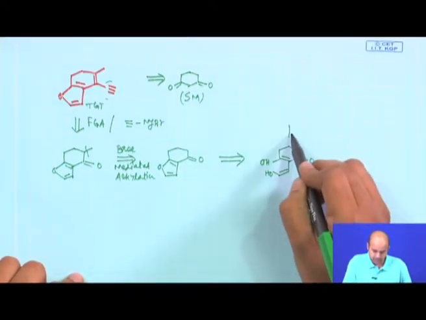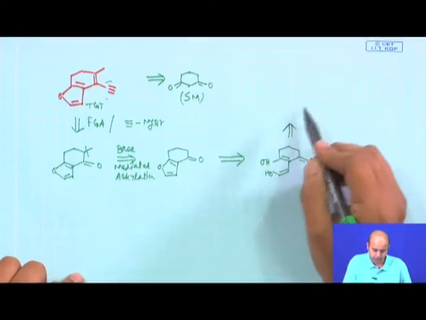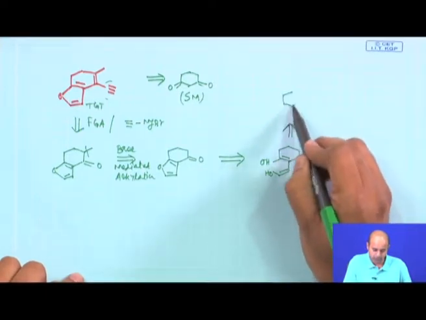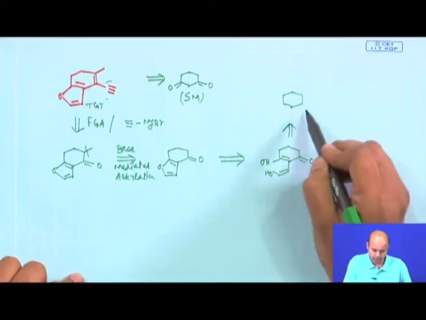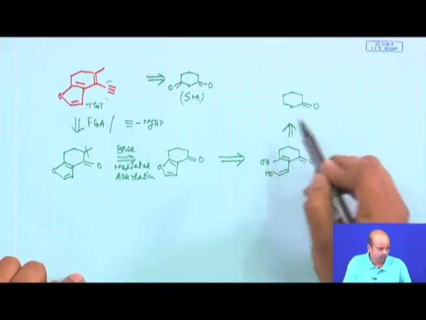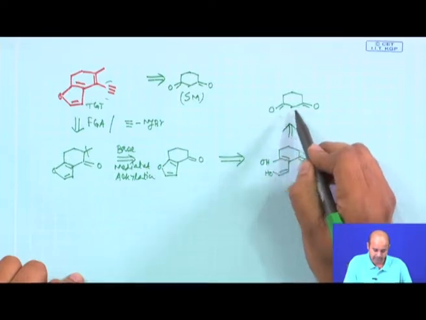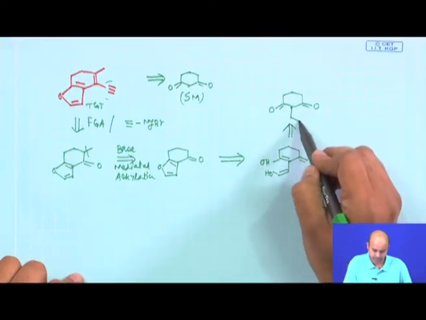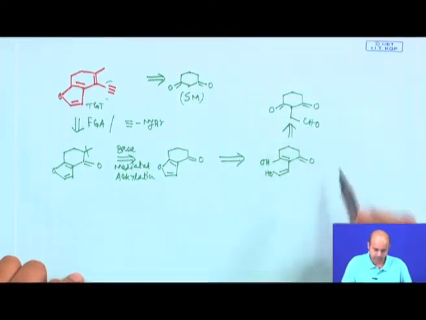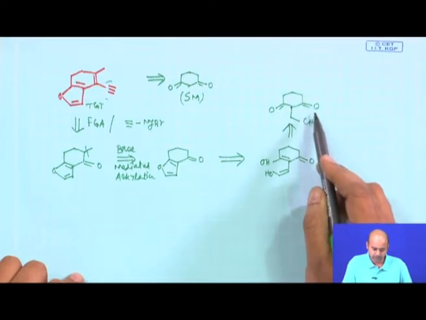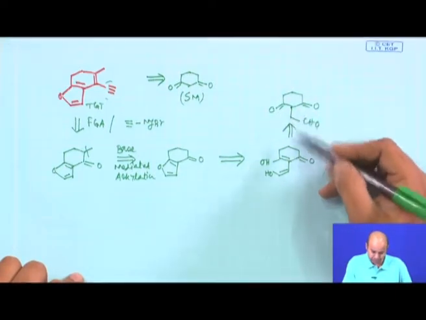So, next if you try to do another round of retro, that will give you a compound like this. Now, this is a very simple formation.